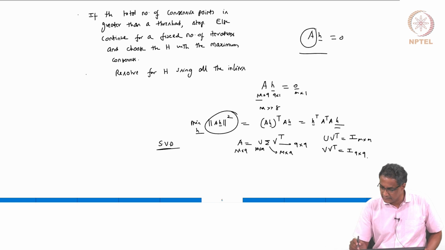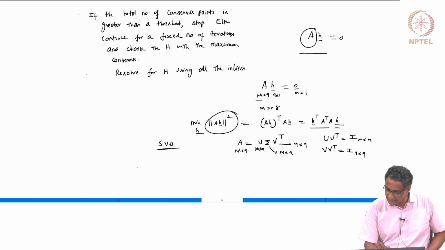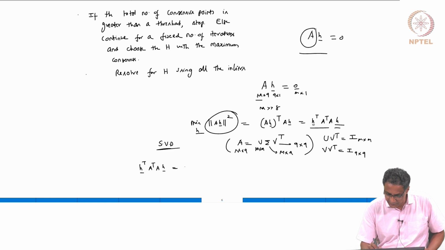Once you plug that in, you will get H transpose A transpose AH. If you plug in the singular value decomposition expression for A, then A transpose is V sigma transpose U transpose, and then AH, where A is U sigma V transpose.